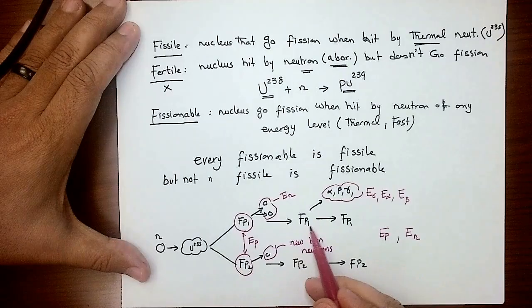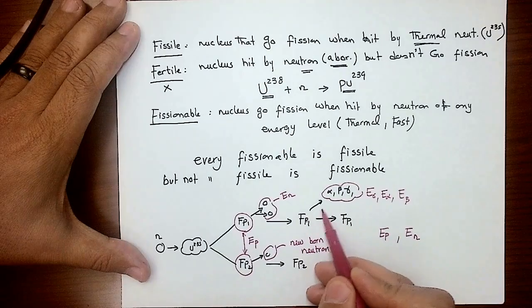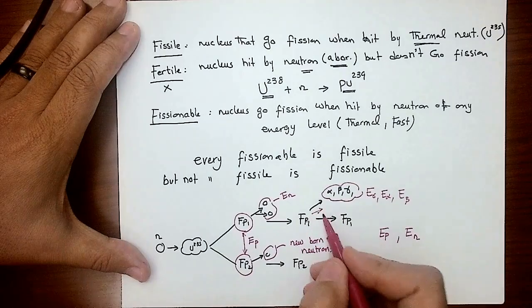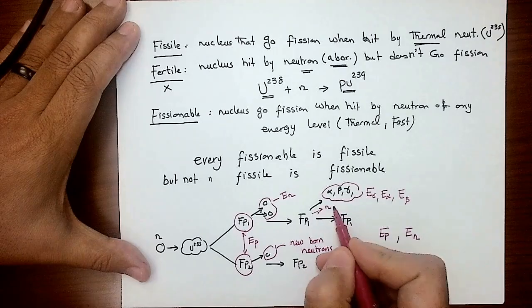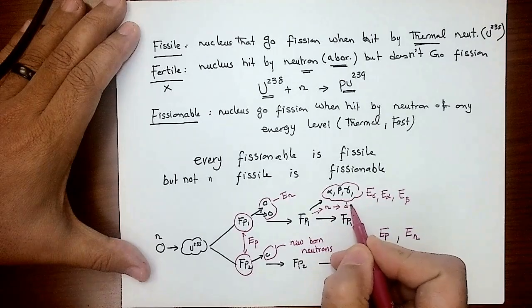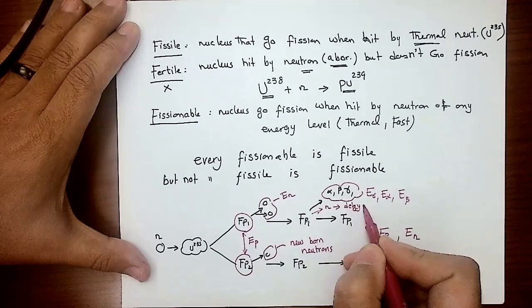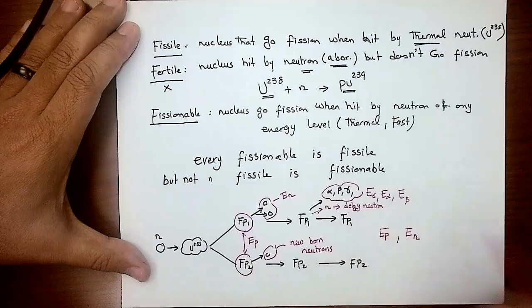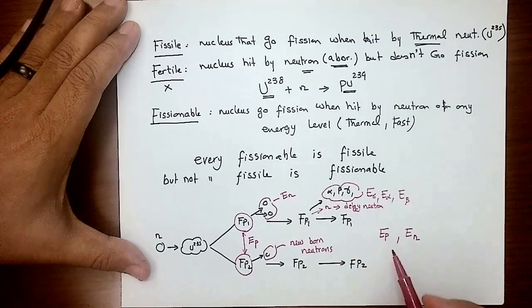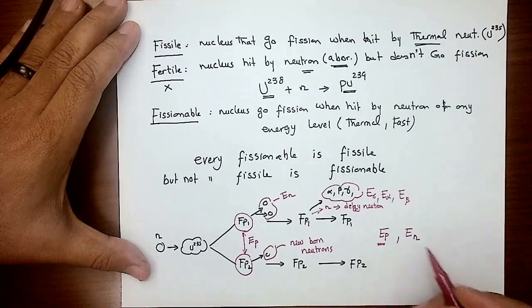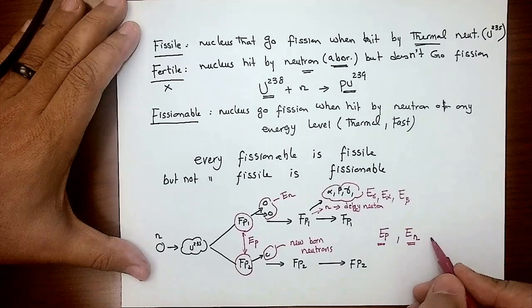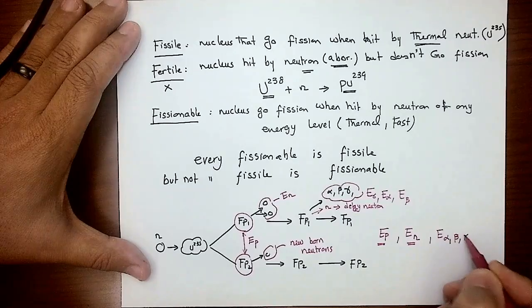Sometimes further down the process, in some specific cases, we can actually get neutrons as well, and these we call the delayed neutrons. But again, let's look at the major categories here. We have energy of the fission product, energy of the neutrons, and energy for alpha, beta, and gamma.